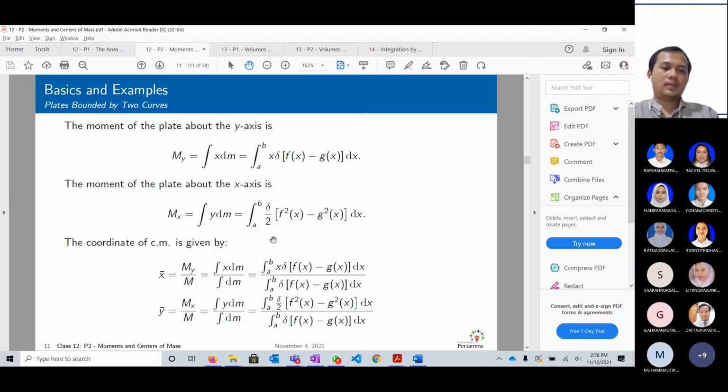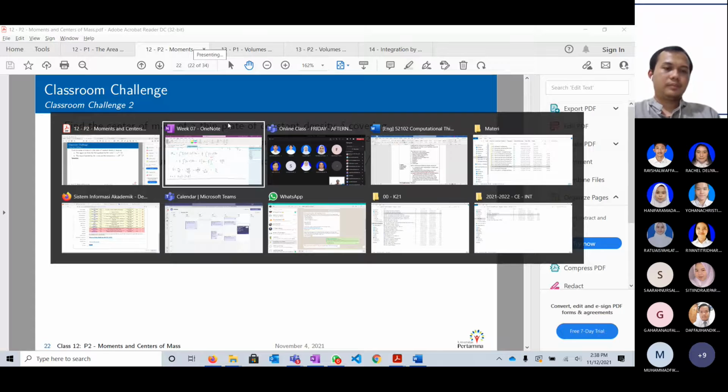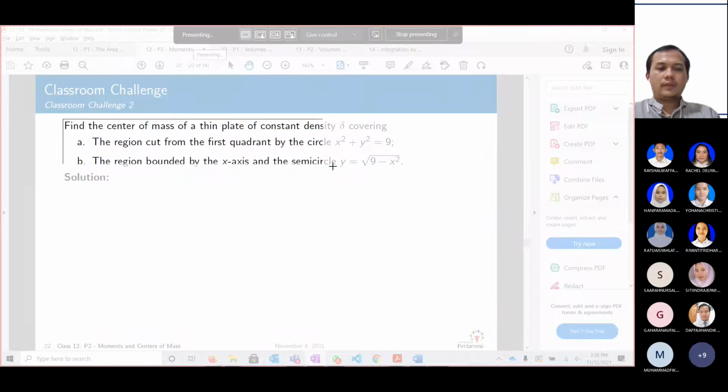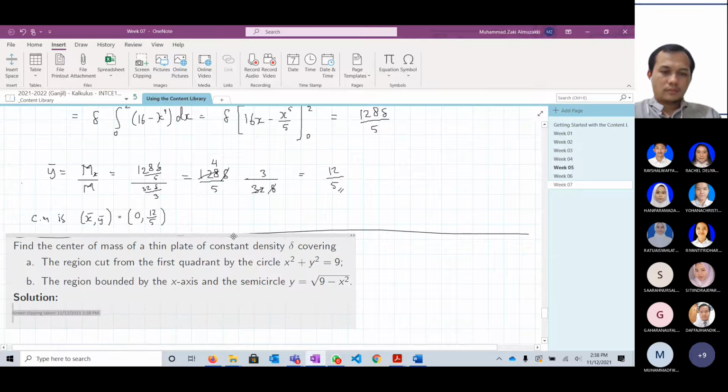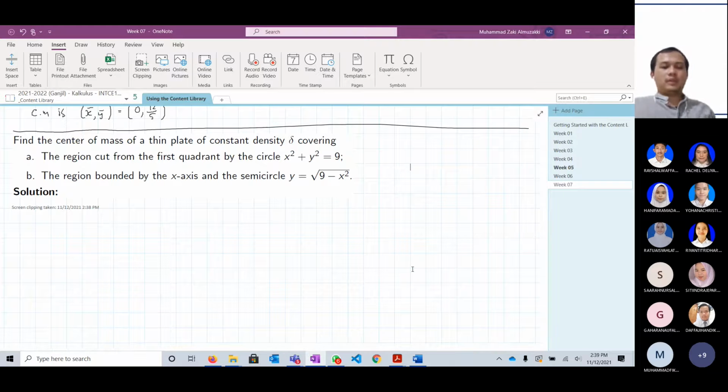Okay, take a look at the next. Find the center of mass of a thin plate of constant density. Here the density is also constant, covering the region cut from the first quadrant by the circle x squared plus y squared equals 9.